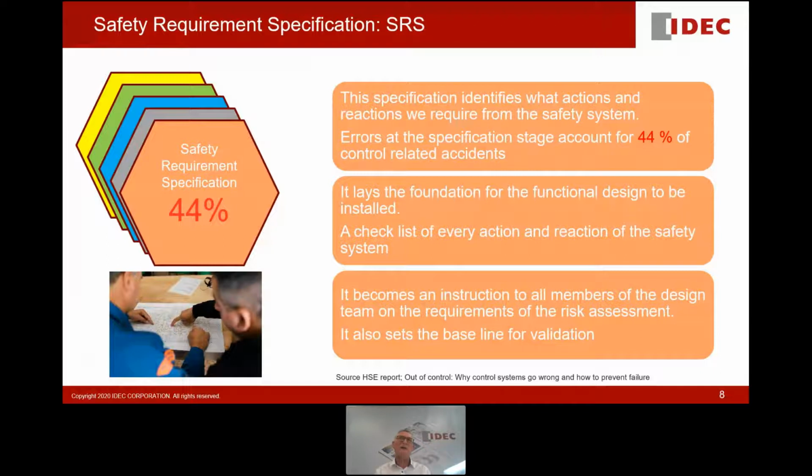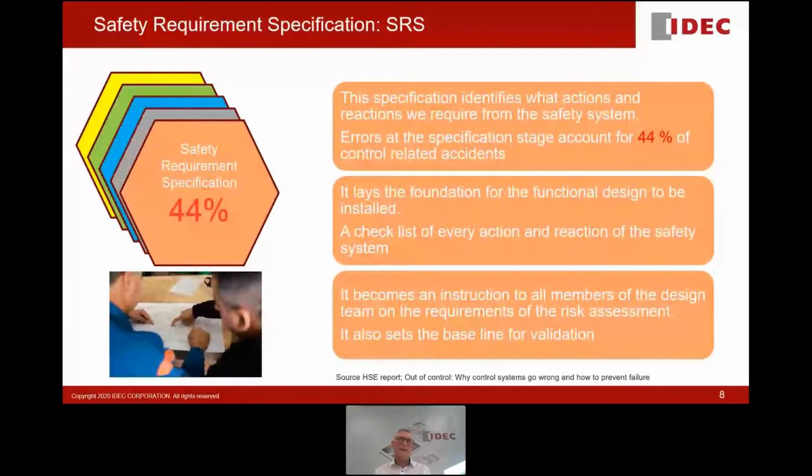So perhaps there is a guard. It might specify the height or the size of the guard or the distance from the operator. It might specify the time that it takes for the separation of opening the door guard to when the hazard goes down. But most importantly, it defines what happens as a result of opening that guard.